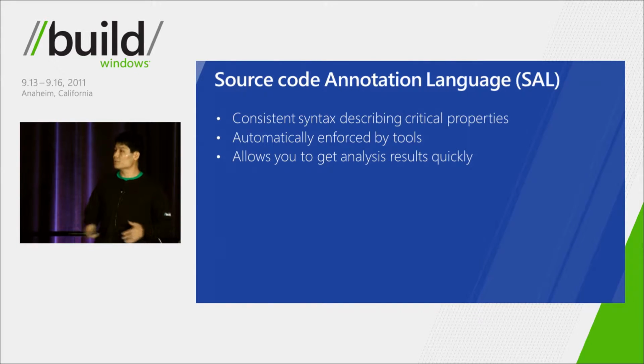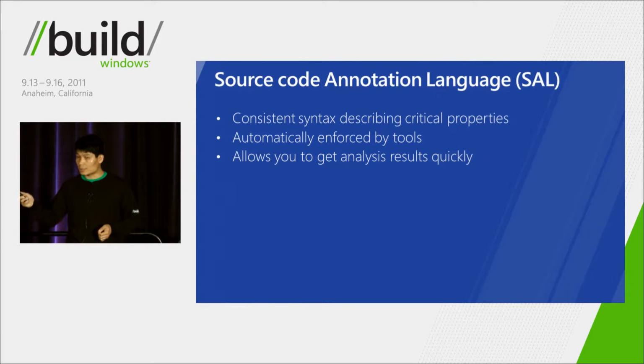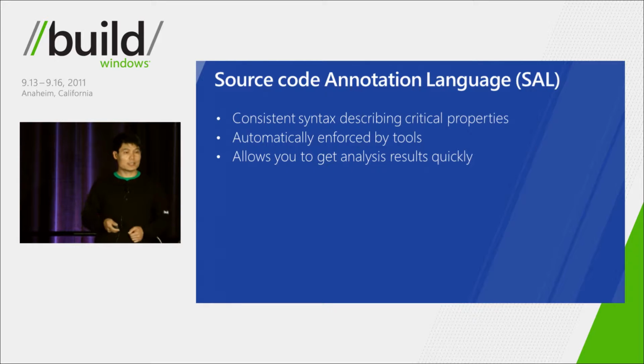I'm sure most of you have encountered the need in the past to talk about properties that are critical to the correctness of your program. For example, can a pointer be null? If you need to initialize a parameter, whose responsibility is it to initialize that? Should that be the caller or the function being called? What is the size of the buffer? Or if you need to change a shared variable in a multi-threaded context, what is the lock that you need to hold?